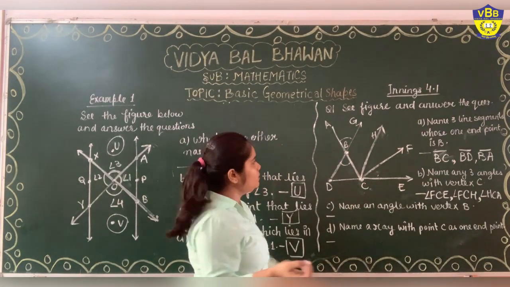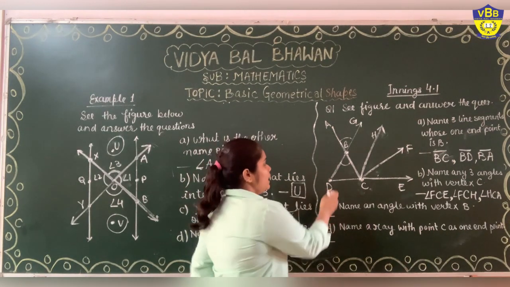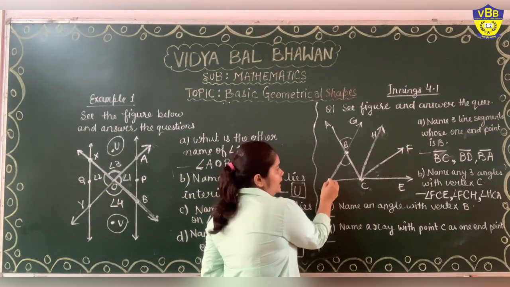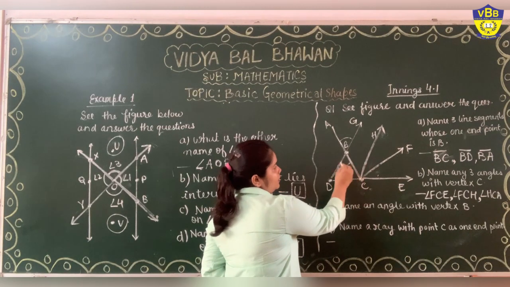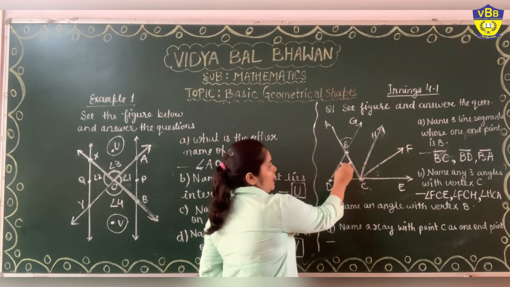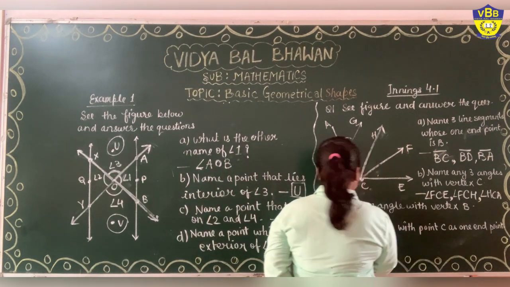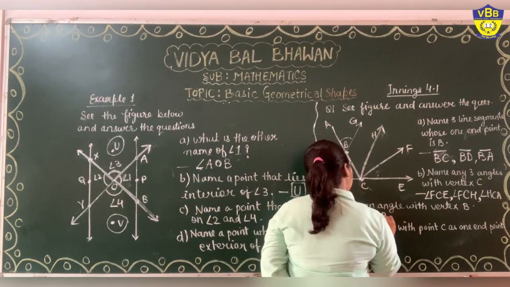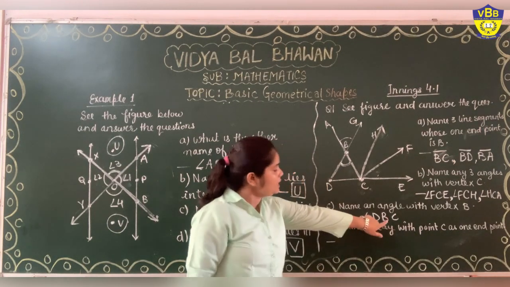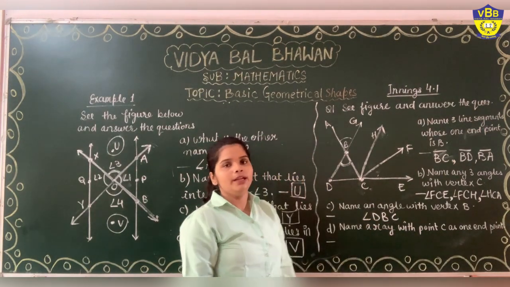So you just need to write one. So we are writing angle DBC. Write it down, angle DBC. B is the vertex, so it is written in the middle.